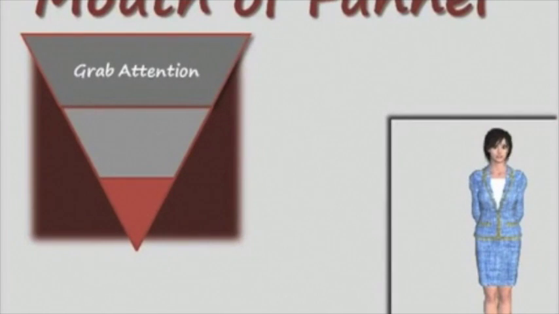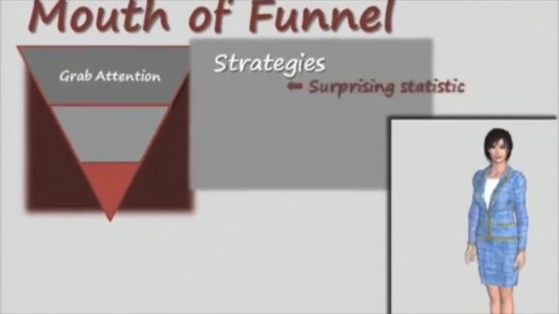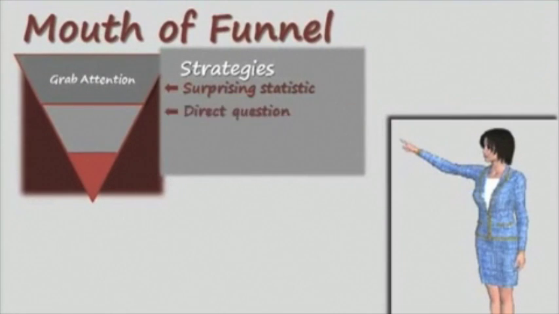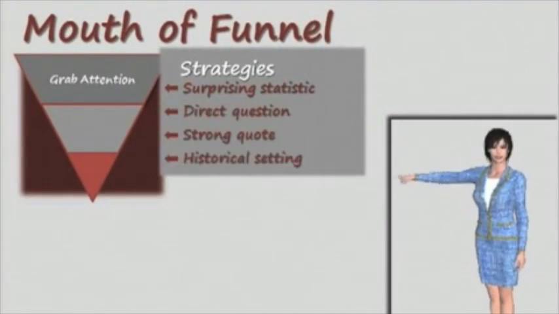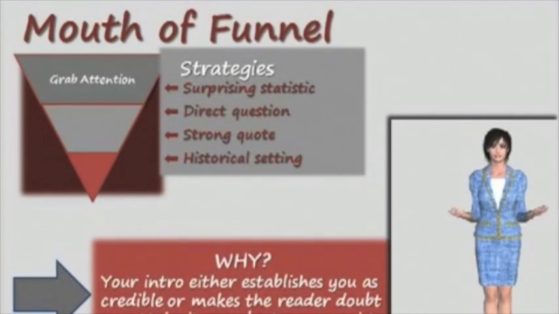Generally, the first sentence of the introduction grabs the reader's attention and introduces the topic in a way that communicates its importance. You can accomplish this by using a surprising statistic, asking the reader a question, providing a strong quote, or historical background. Why go to so much trouble in the introduction? The introduction is where you, the writer, will either come across as someone who is in command of the topic or someone who is lacking the confidence or knowledge.